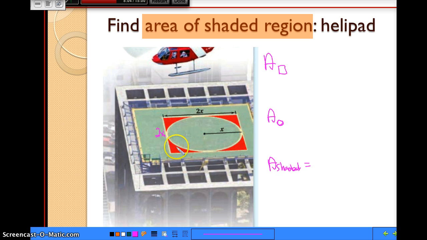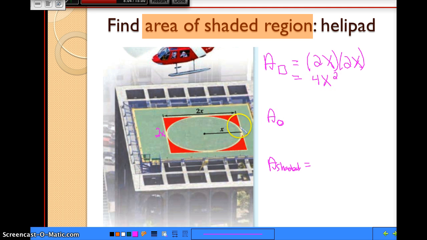Take the bigger shape, subtract the smaller shape. So the area of a square is side times side, so it's 2x times 2x. And 2x times 2x is equal to 4x squared. So that's the area of the square.